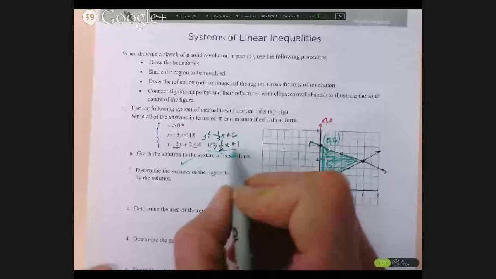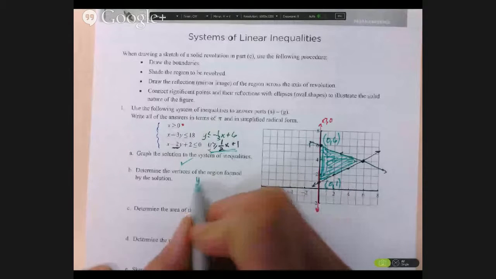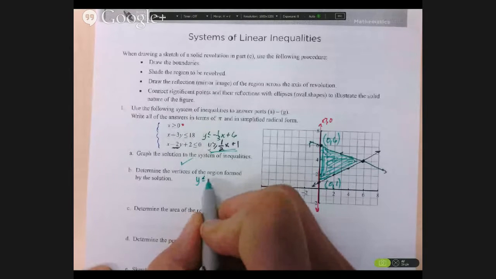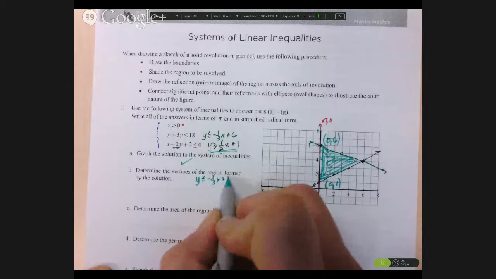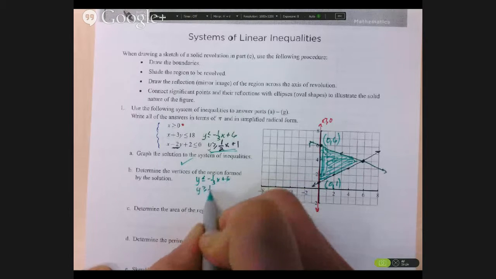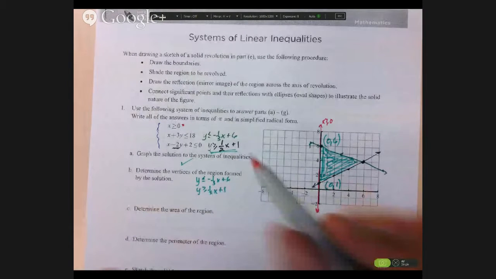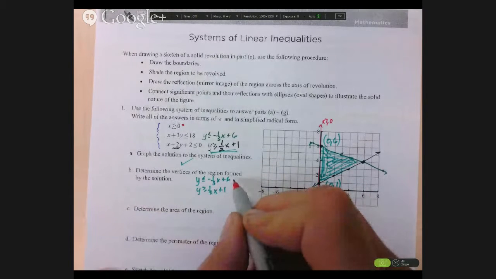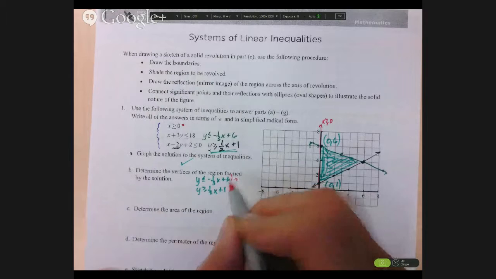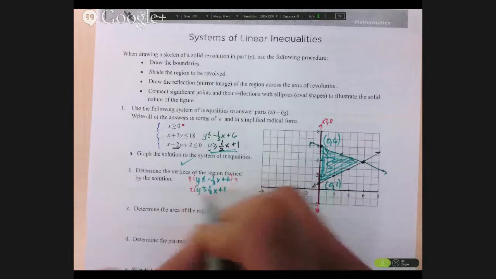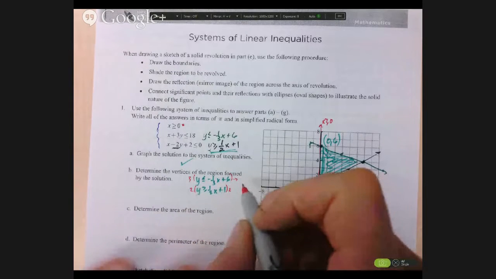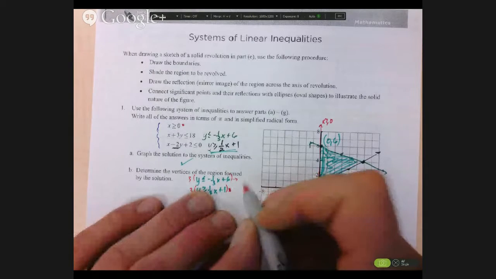Solve this system. Let's multiply this one by 3 and this one by 2. Get rid of the fractions. Yep.